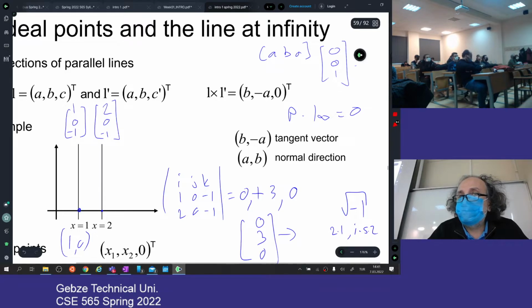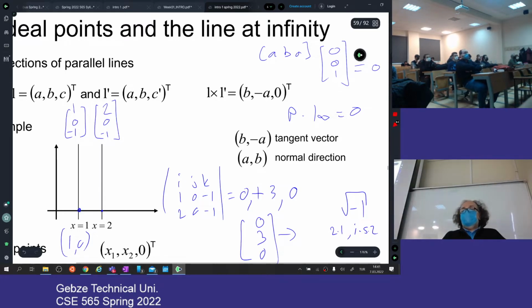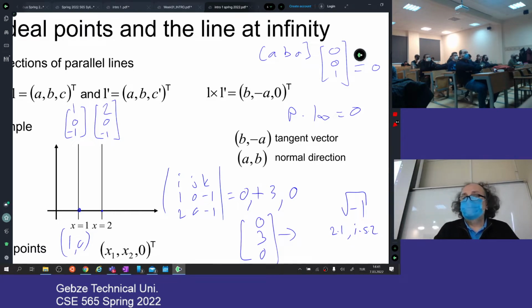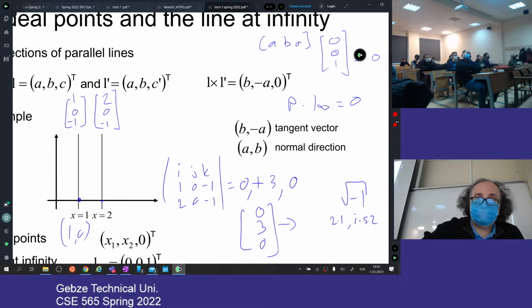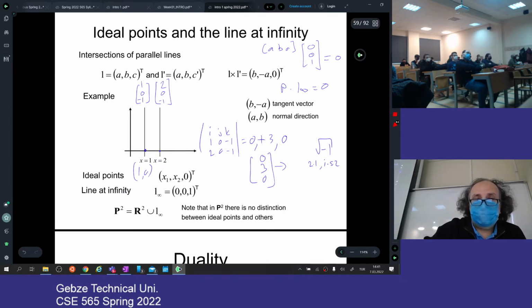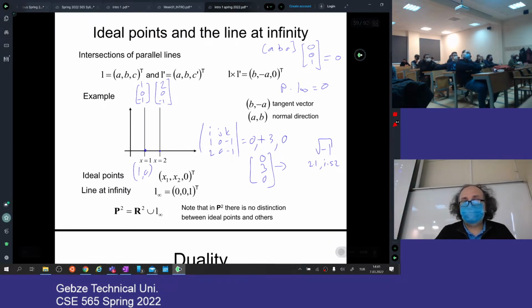It's going to be 0, because A times 0 is 0, B times 0 is 0, 0 times 1. So you cannot write a point at infinity that doesn't sit on this line. That means all the points at infinity make up a line, and that's the line 0, 0, 1. Okay, good.